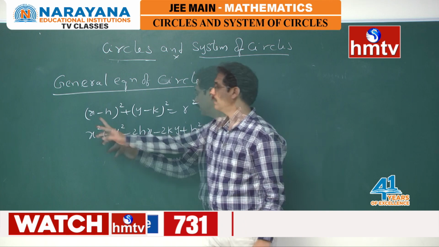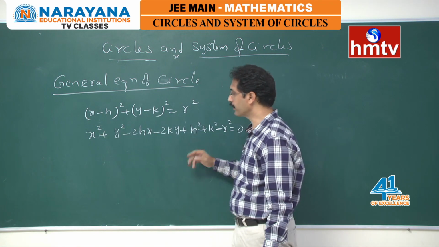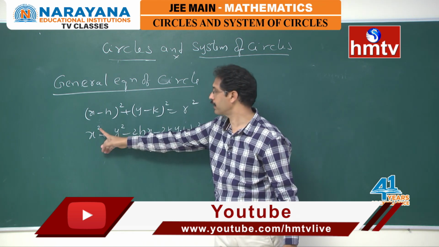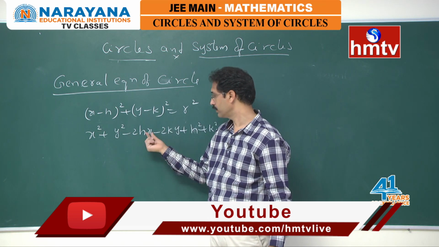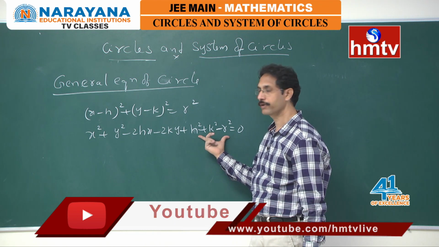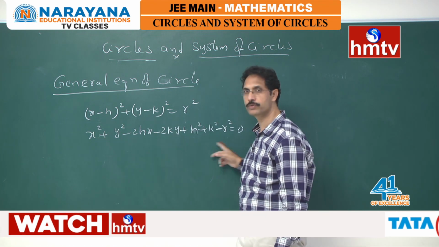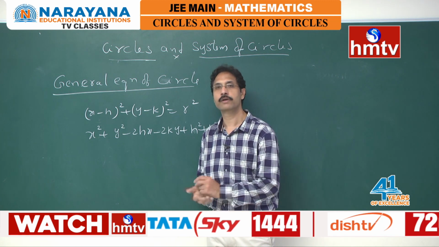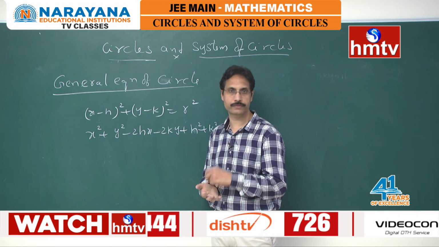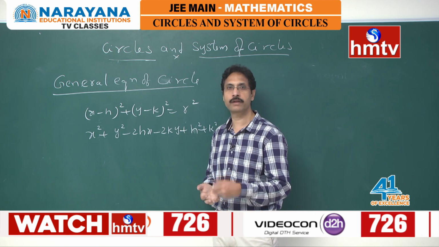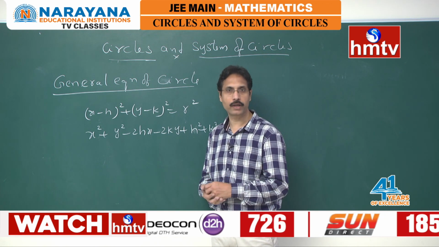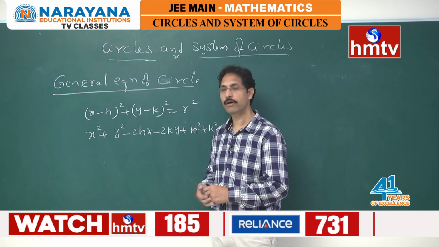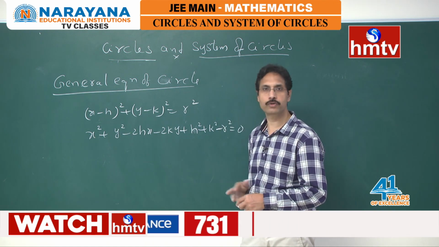Now it is a second degree non-homogeneous equation, that is, the highest power of x and y is 2, then linear terms and the constant. We know a second degree non-homogeneous equation always represents conics, that means five curves: pair of straight lines, circle, parabola, ellipse, hyperbola. That is why we are trying to bring our equation of the circle into a second degree non-homogeneous equation.